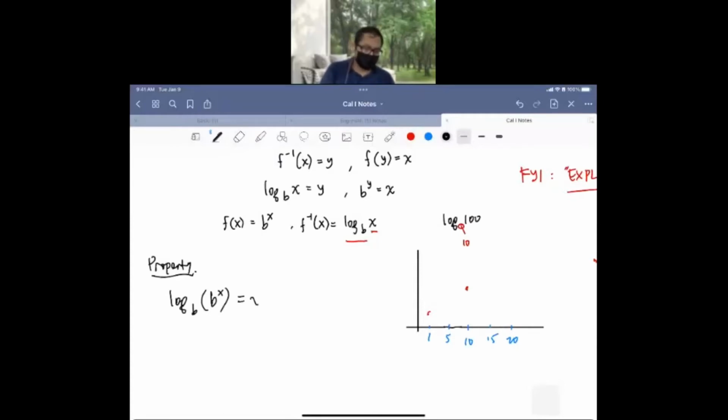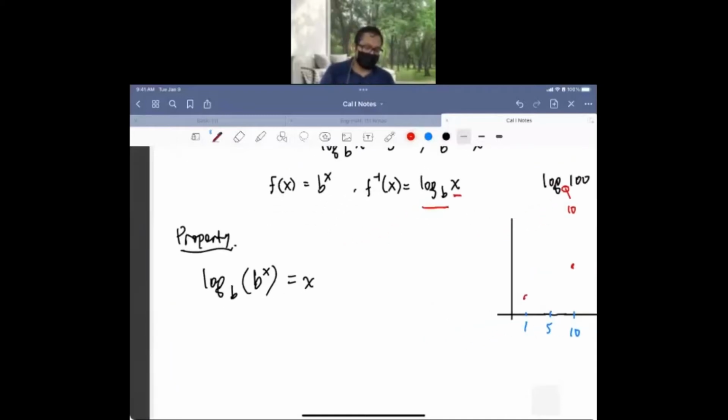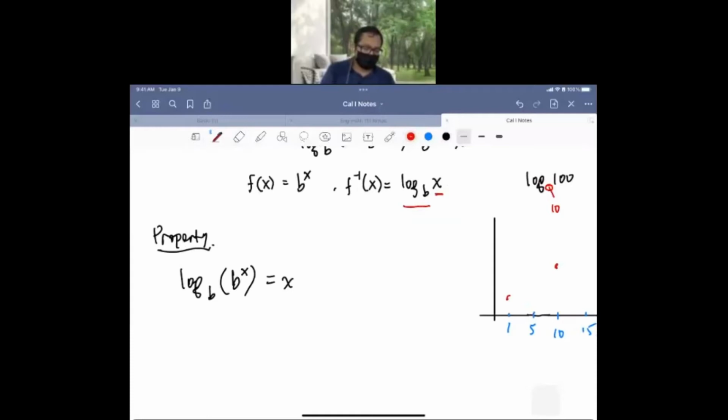This is actually equal to x. And the log base b of b is basically asking what power we need to take b to in order to become b, which is just 1.